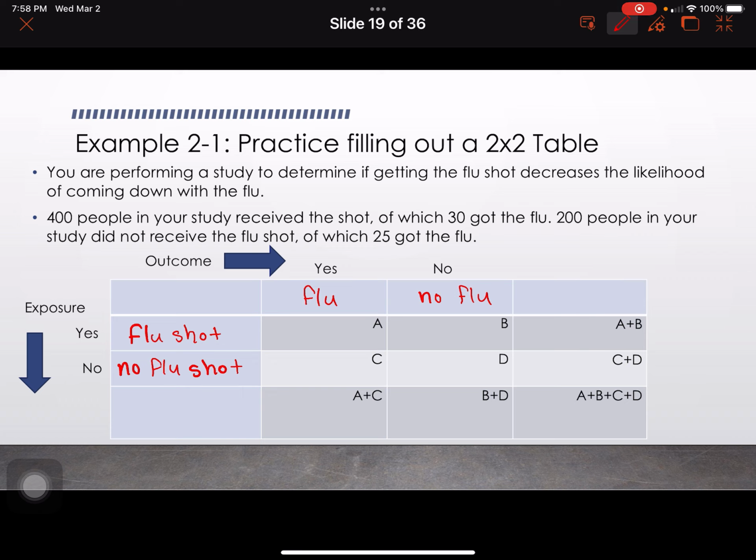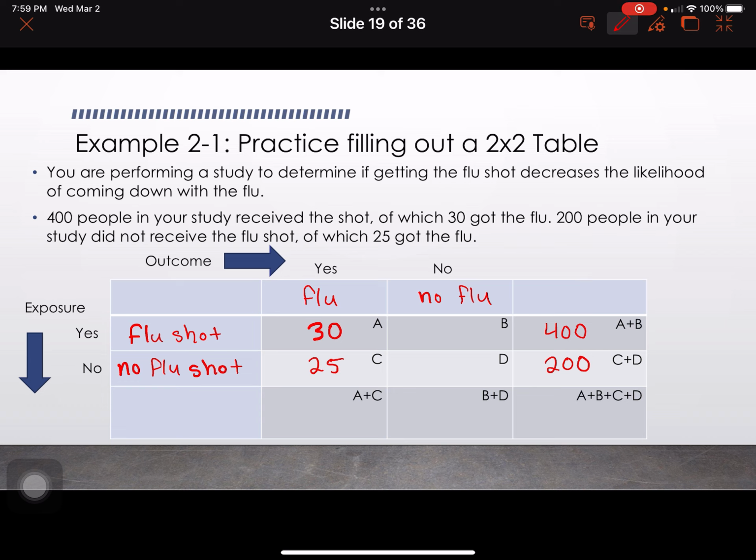We know that 400 people total received the shot. That would go here in our exposure total. Of those 400 people, 30 got the flu. Now we also know 200 people did not receive the flu shot in our study. So that's our total not exposed group. Of those 200, 25 of them got the flu.